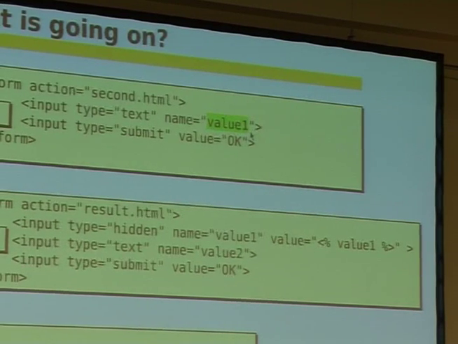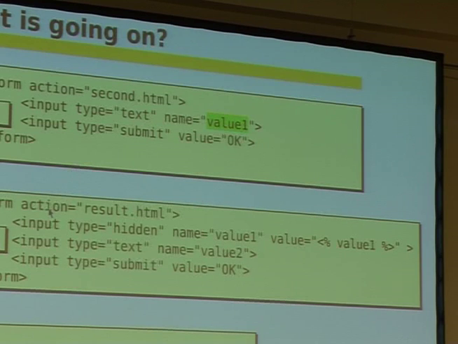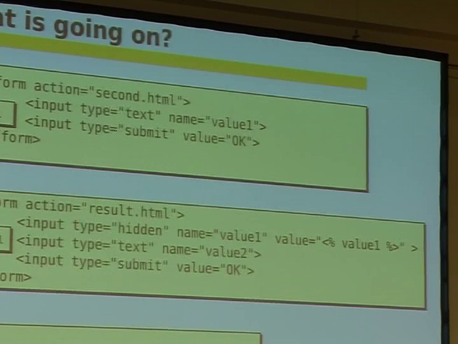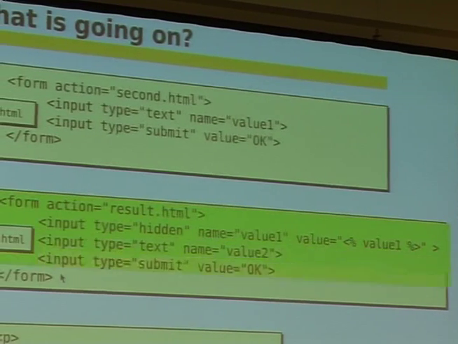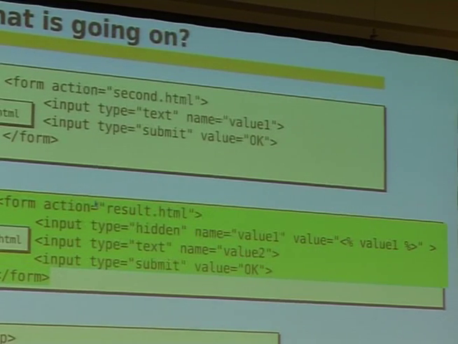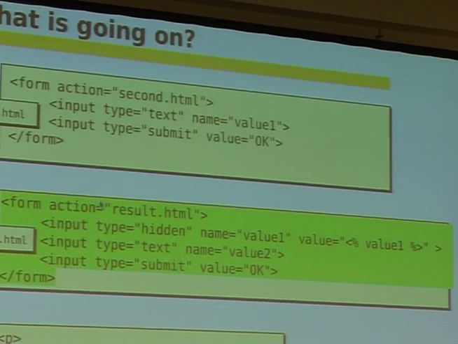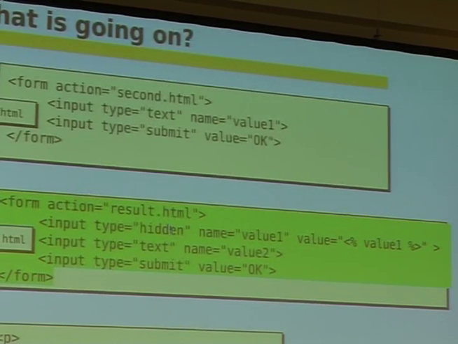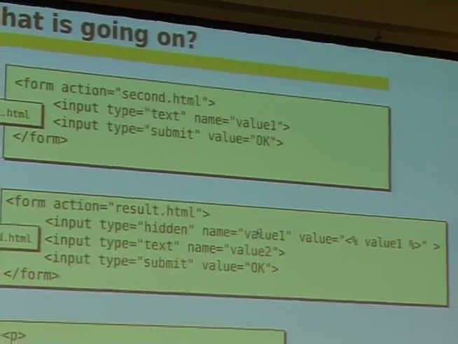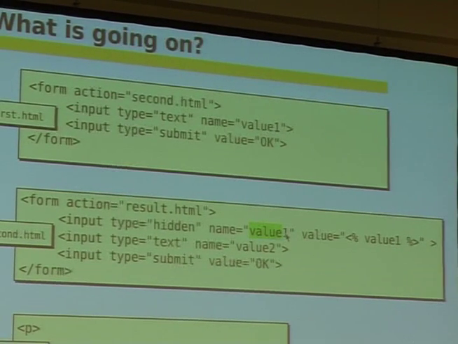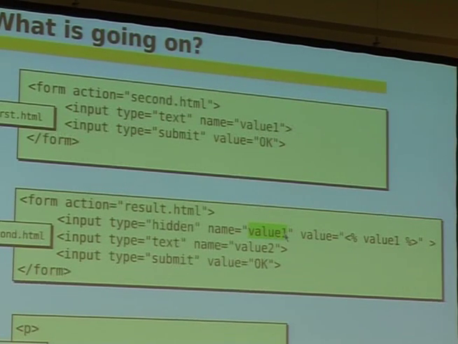So after rendering that and clicking on the link, second.html will be loaded, and this is this HTML here. And here we see that what we need to do to be able to add two numbers together is to make a hidden field that gets the value that we handed over as a parameter.